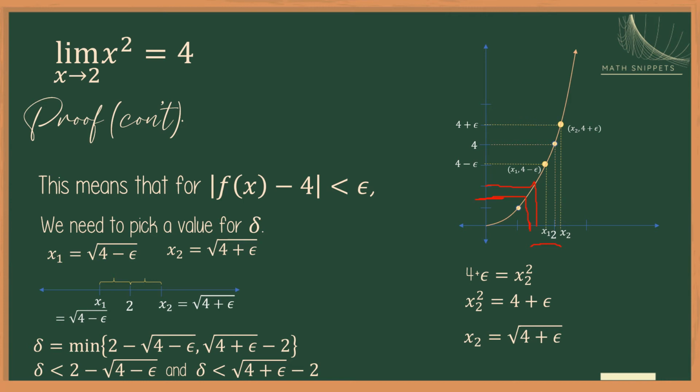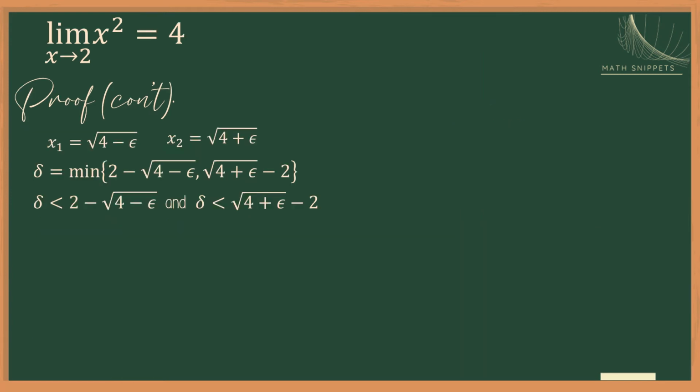So this means the delta must be less than this, and it should also be less than this, since it's the minimum. Less than or equal to, you can say less than or equal to. Now, this was the condition that we found. These are the conditions that delta needs to satisfy.